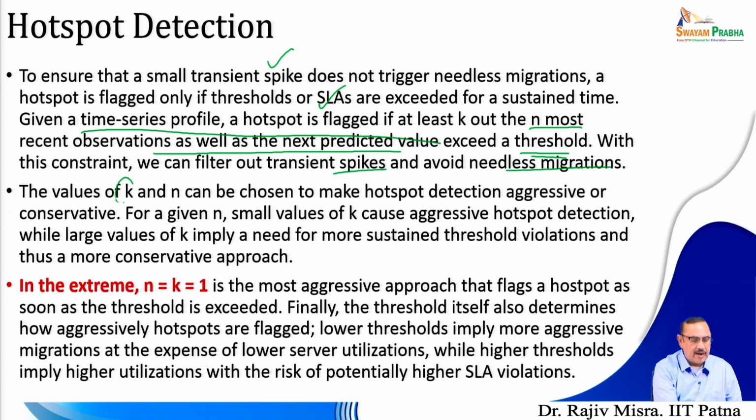The values of k and n can be chosen to make the hotspot detection aggressive or conservative. For a given n, small values of k can cause aggressive hotspot detection, while a large value of k implies a need for more sustained threshold violation and thus a more conservative approach. In the extreme, k equal to 1 and n equal to 1 is the most aggressive approach, which flags the hotspot as soon as the threshold is exceeded.